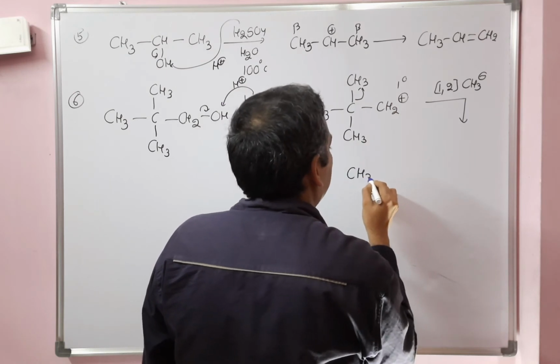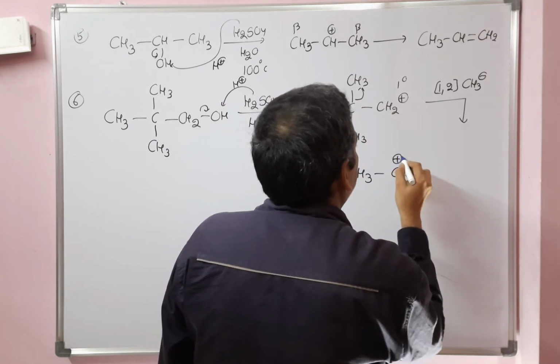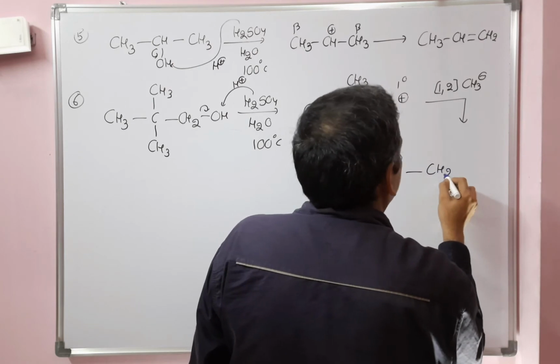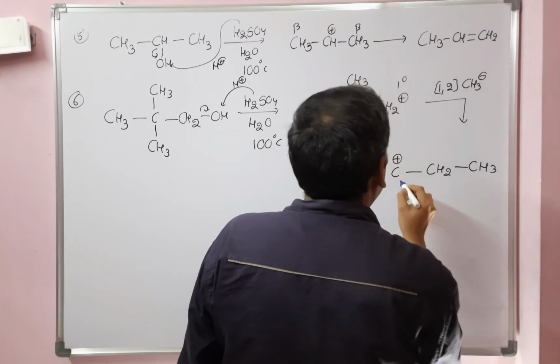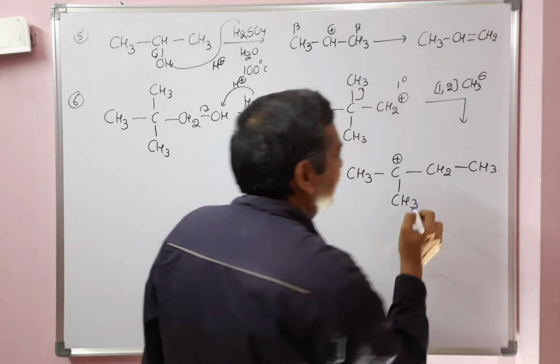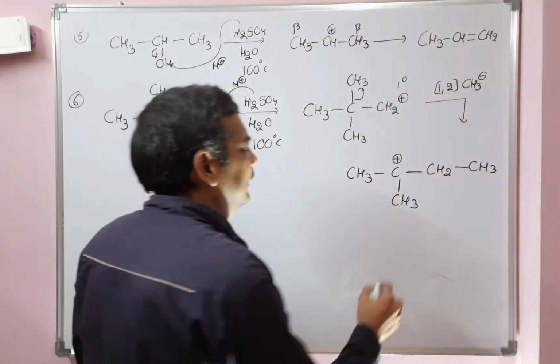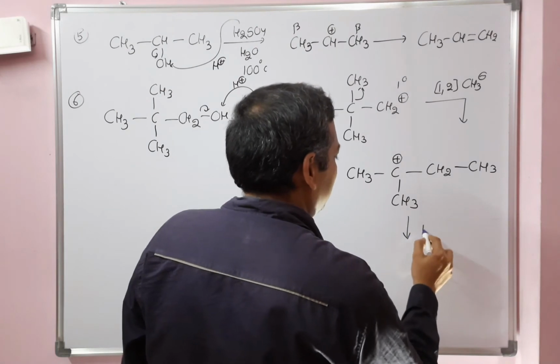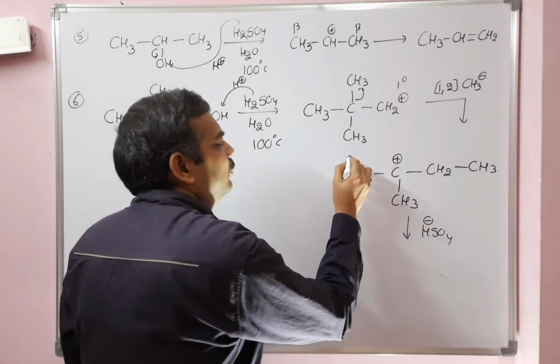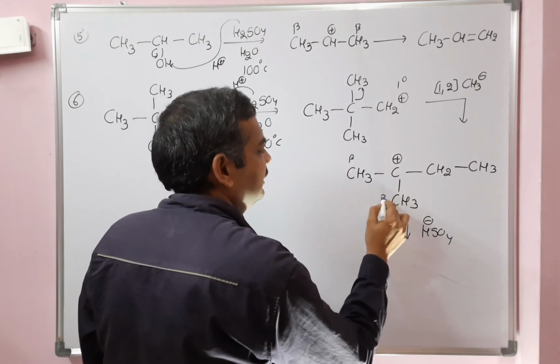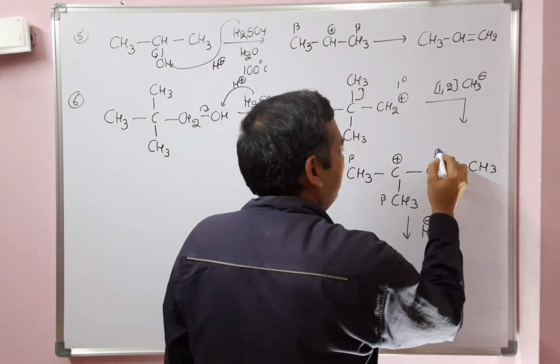After the CH3 shift, what is happening here? Carbocation, CH2. And then this group will shift here, CH3, and then this is a CH3, right. Now it is abstraction of a proton. HSO4 minus will abstract a proton. Here there are two types of environment. This beta is the same, but the beta prime is different.